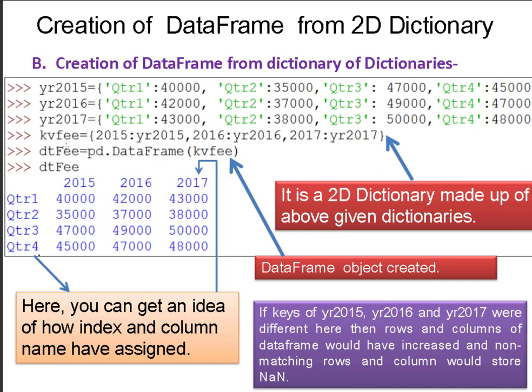So DT fee is a data frame object, and then you have to use the pd object's DataFrame function, and this KV fee dictionary is converted into the data frame. That's why we have to call it within the parentheses. So all this record is converted into the data frame with the name DT fee.